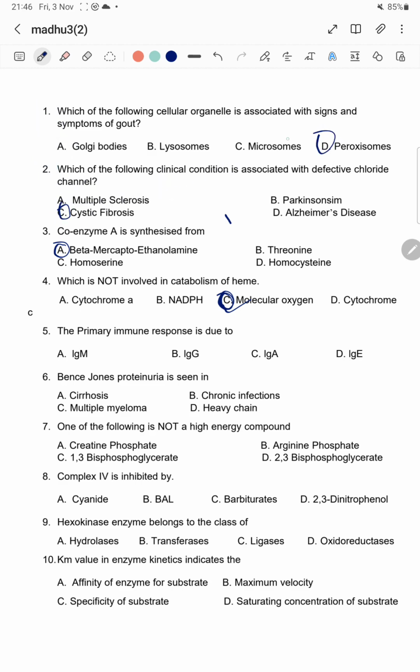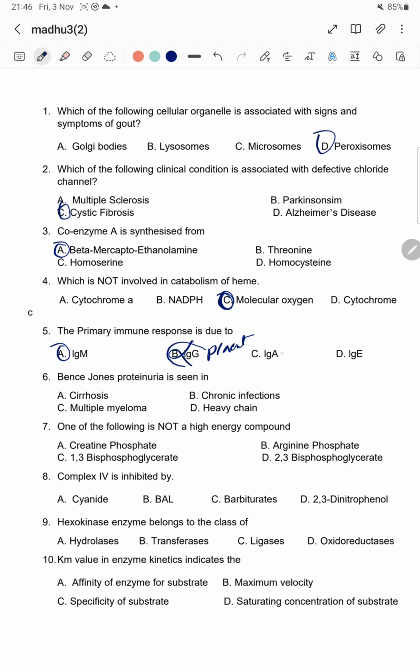The fifth one: the primary immune response is due to. The primary immune response is due to IgM. IgG is an antibody that crosses the placenta from mother to baby, so incorrect.